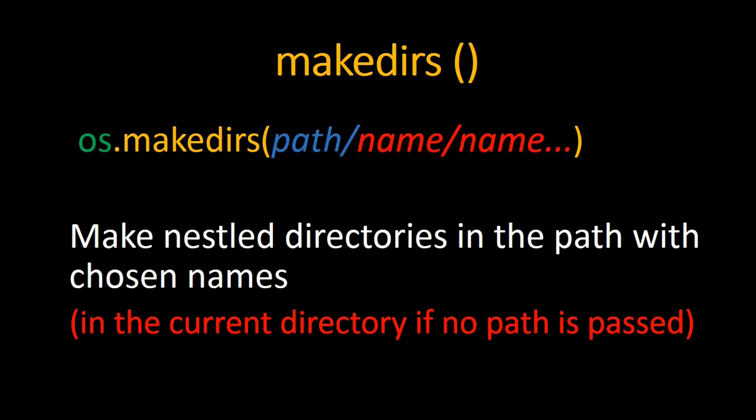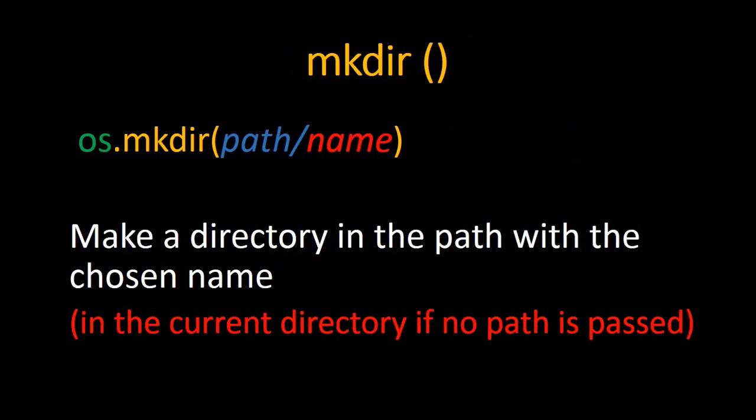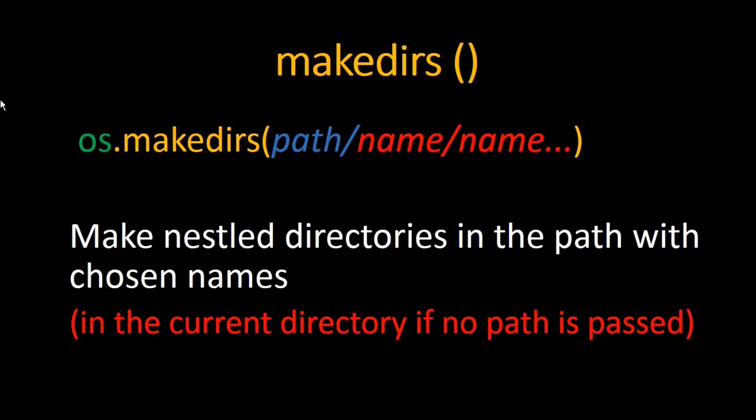And for now we have these makedirs and removedirs functions. So what's the difference between those and those ones? Okay, the difference is that with makedirs you can make nested directories in the path with chosen names. So instead of one directory created, you can create multiple directories inside each other.